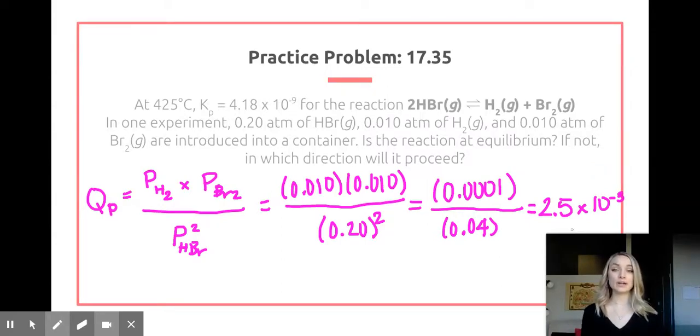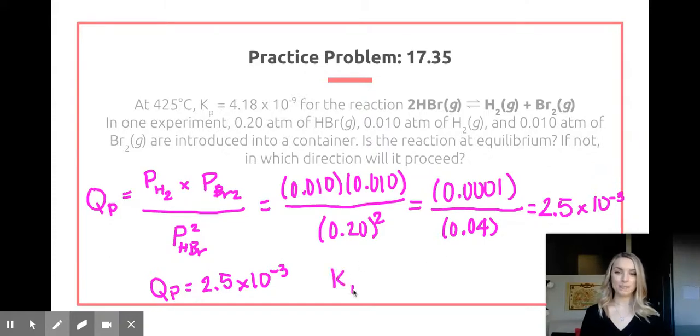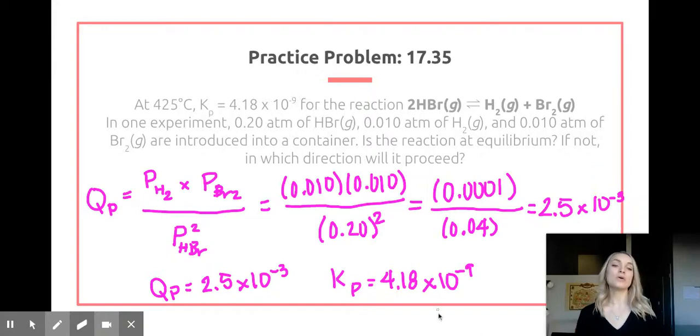We need to compare our Q to our K. We've got 2.5 times 10 to the negative third as our Q, our reaction quotient, and K is 4.18 times 10 to the negative 9th. We can clearly see that our reaction quotient is significantly larger than our equilibrium constant.